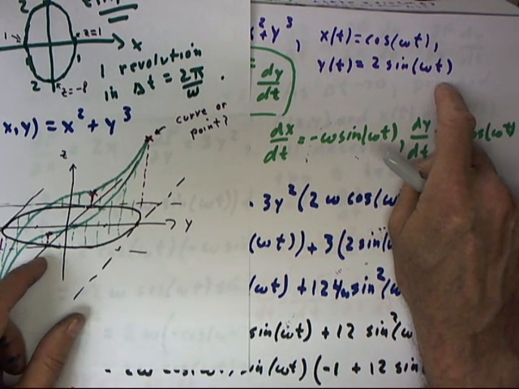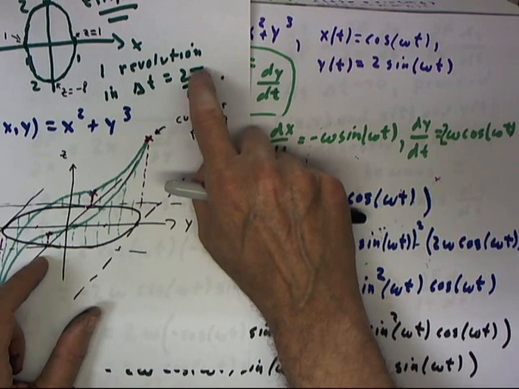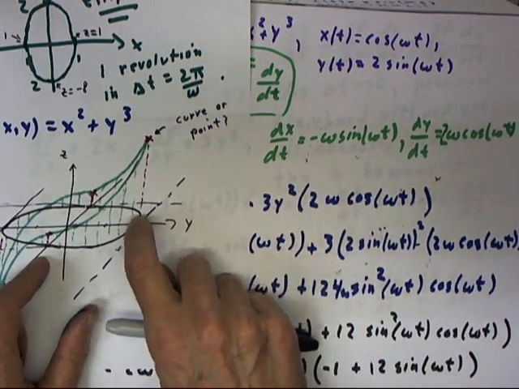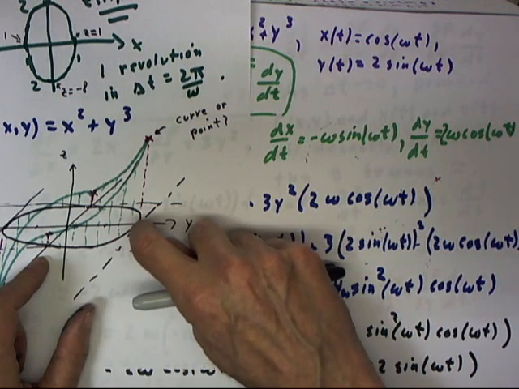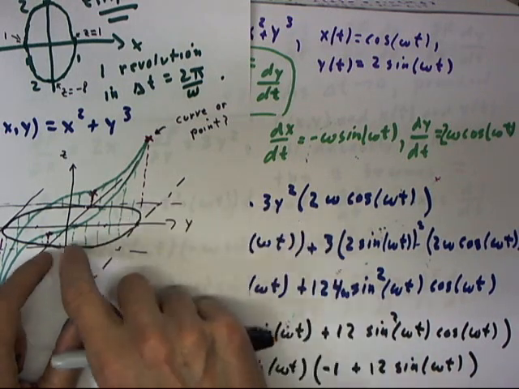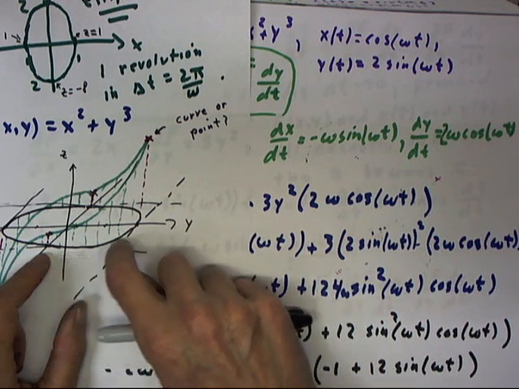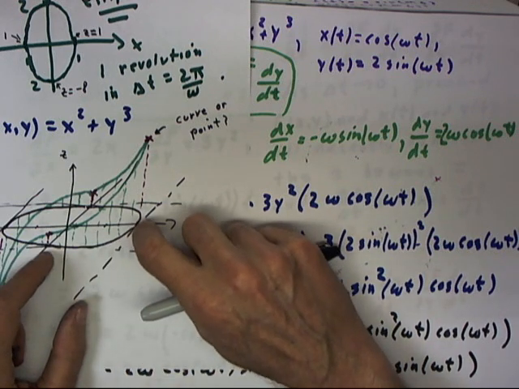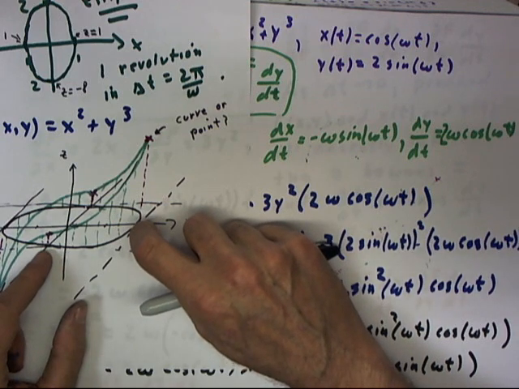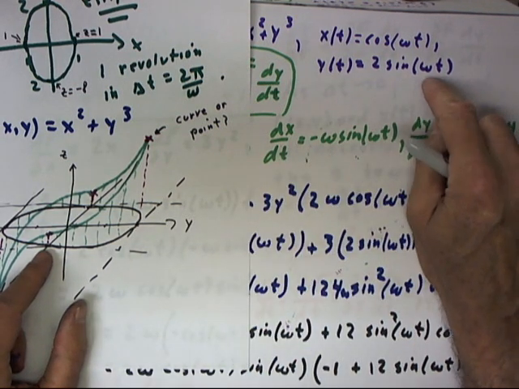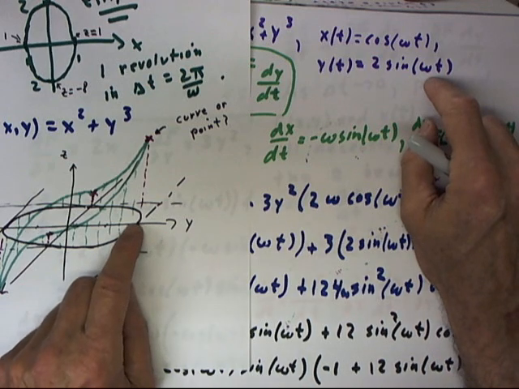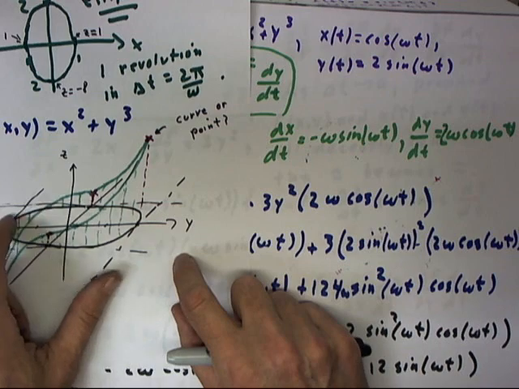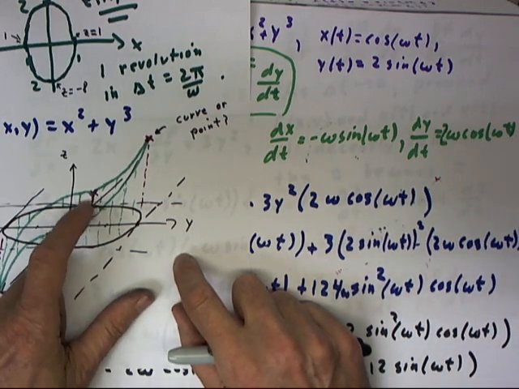And when t equals 1/4 of this 2 pi over omega, that is pi over 2 omega, quarter of the way around the ellipse, the sine is going to be 1, putting us at the point 0, 2. The cosine is going to be 0. And then similar points here.